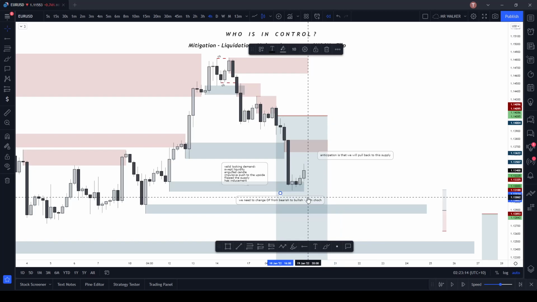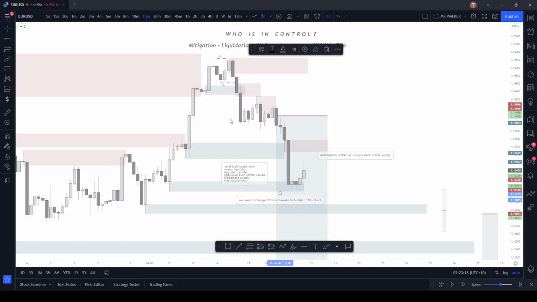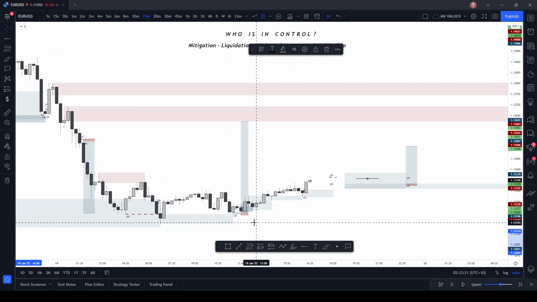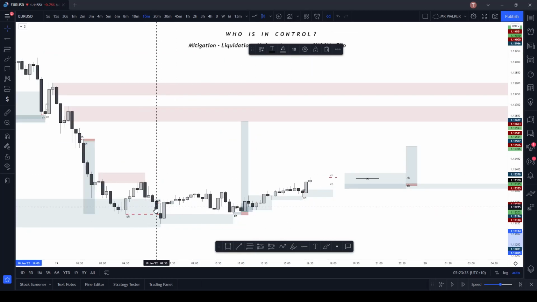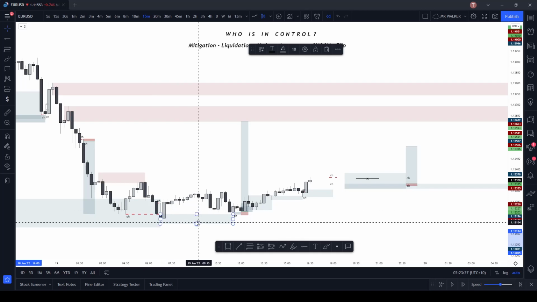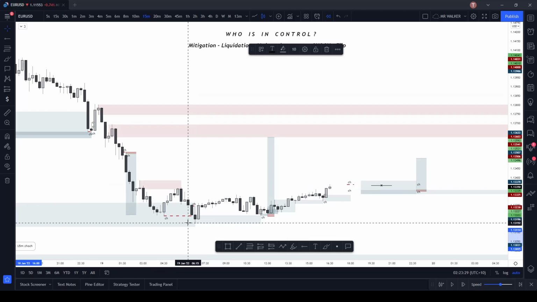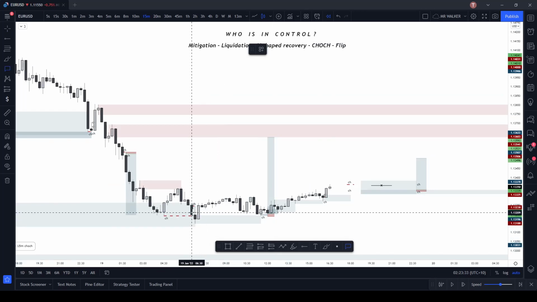And then as soon as we have done this, right, we go on 15 minutes, as I've said, right? We then wait for the change of character. In this case, on 15 minutes it is a bad looking change of character, but whatever, right? We then analyze the 15-minute change of character. Let's say that we will assume that it is a 15-minute change of character that is actually good looking on 5 to 10 minutes.